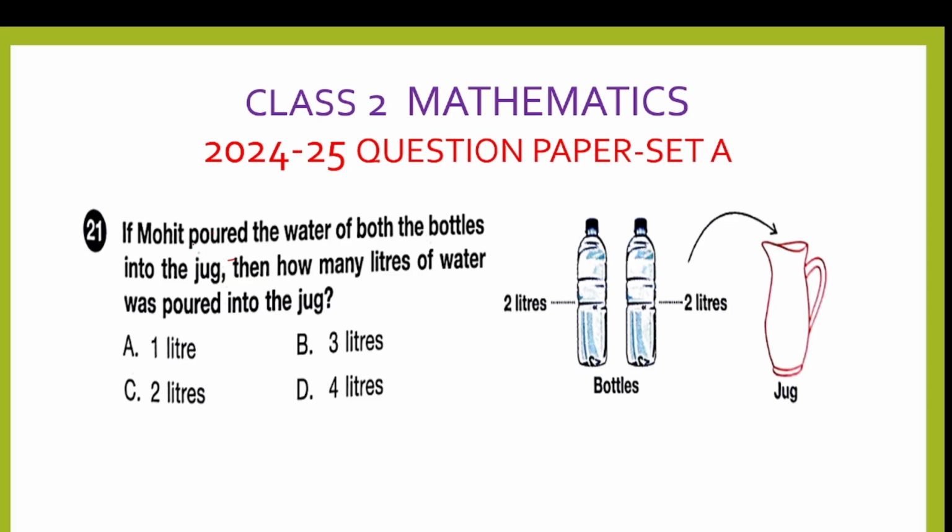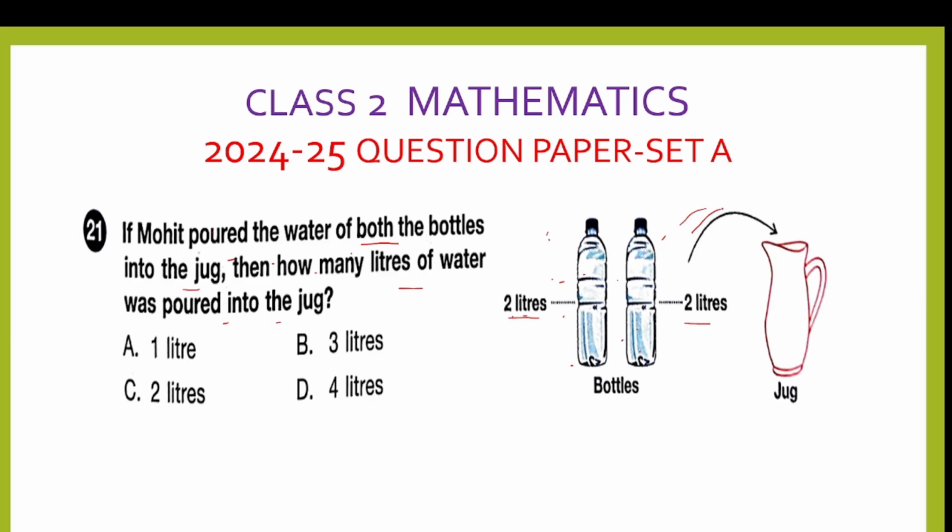The question is, if Mohit poured the water of both the bottles into the jug, then how many liters of water was poured into the jug? So here we have bottles whose water is 2 liters, and the next bottle has the same measurement, that is 2 liters, and Mohit wants to pour the water from both bottles into this jug.